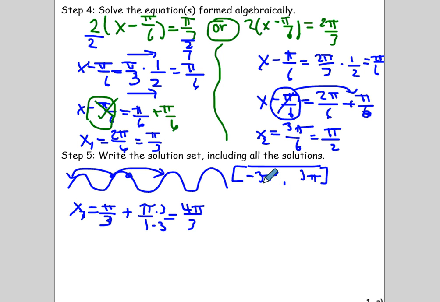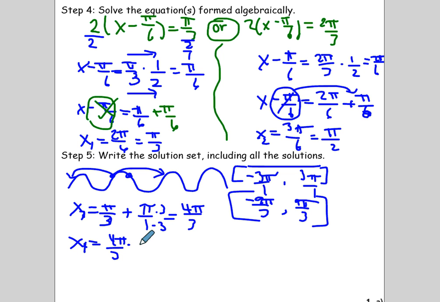Am I still in my interval? If you want, this here is over 1, right? So if we want to put it over 3, we need to times by 3 up and down. So this is minus 9 pi over 3, and this would be 9 pi over 3, right? So this is my interval. So if I am at 4 pi over 3, can I go to the next one? Yes, I can find the next one. So I'm going to start at 4 pi over 3 and add my period, which is pi.